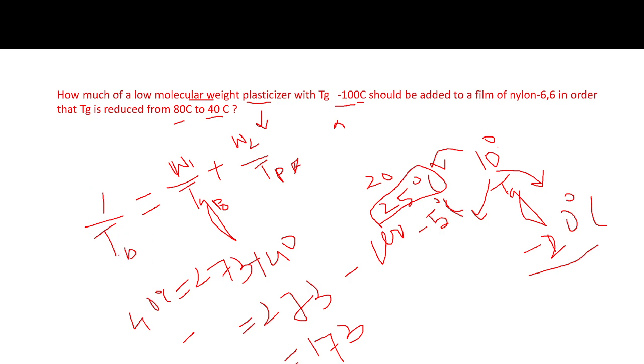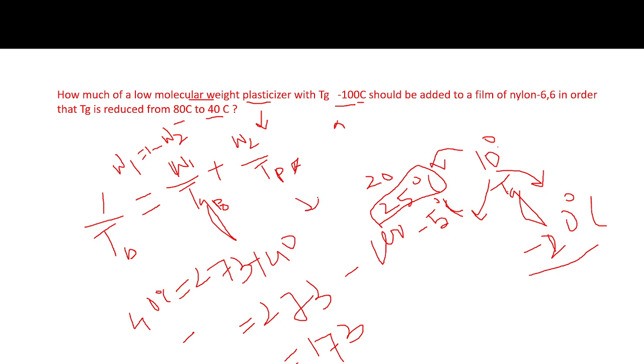So if you put 1 divided by 273 plus 80, we have to add the plasticizer, but you don't know how much amount of plasticizer. That is the W2 we have to find out. W1 will be 1 minus W2, the Tg of the polymer is 273 plus 40, and W2 by this.